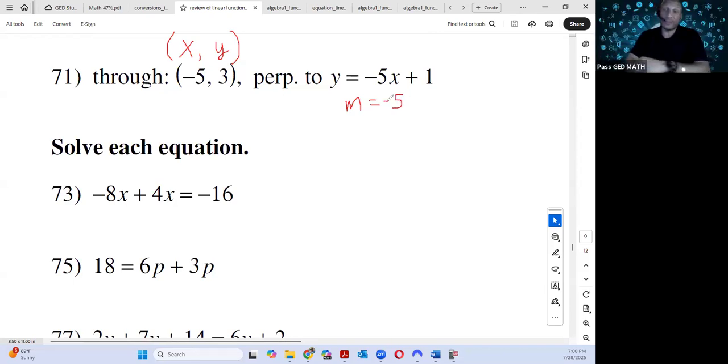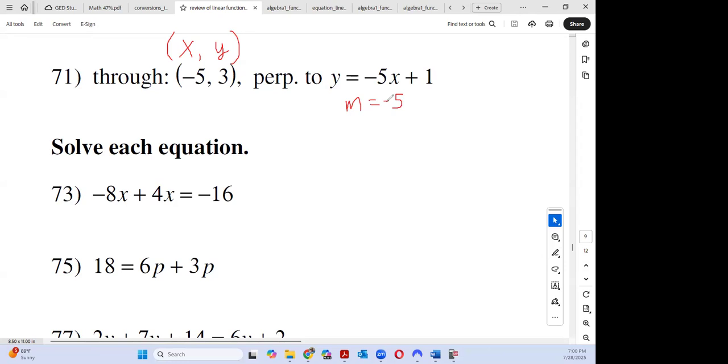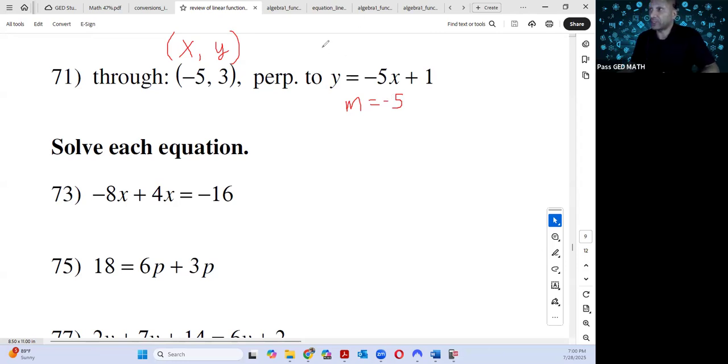Y'all keep making the same mistake. The variable X is not in your slope ever. That's why you got to keep saying this: y = mx + b. M is my slope. M is whatever is in front of my x if my equation is in slope-intercept form. My slope is negative 5, not negative 5x, not plus 5.